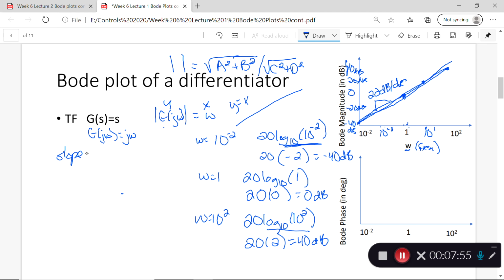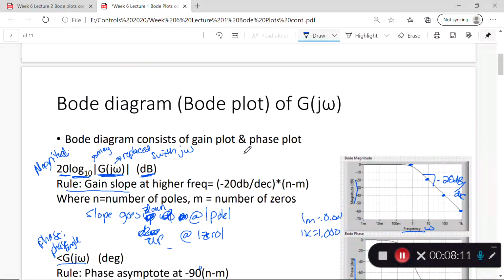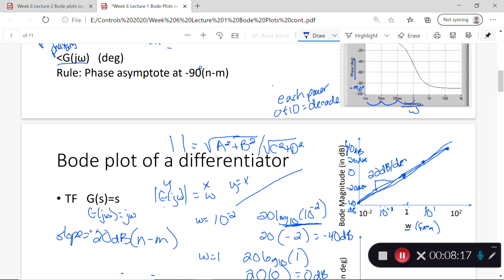due to my Bode magnitude rule, should equal negative 20 decibels times n minus m, so make sure I write that correctly. N is my number of poles. M is my number of zeros.